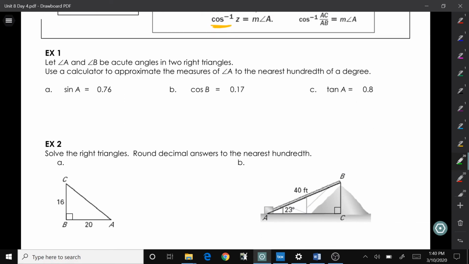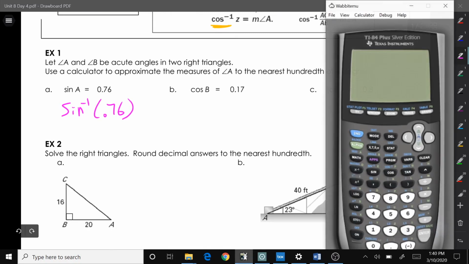Example 1 is just to get us in the mindset of figuring out how to do these on the calculator. In order to find the measure of angle A when sine of A is 0.76, we would do the inverse sine of 0.76 in our calculators.